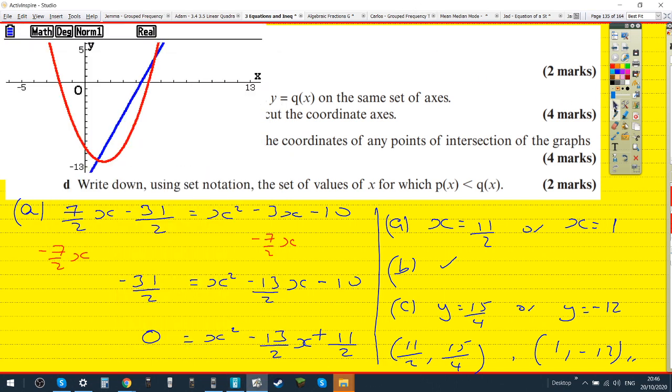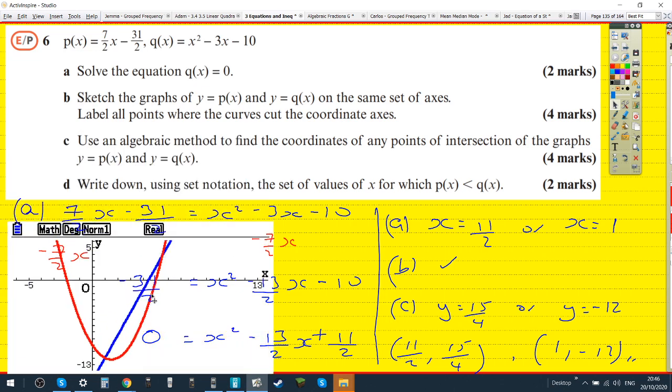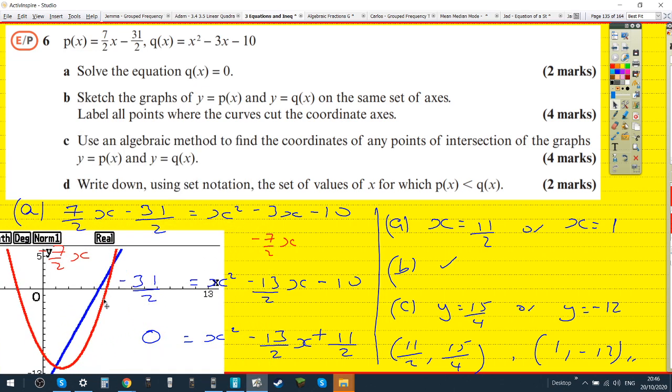Where P is the line, Q is the curve. Which one is P of x and which one's Q of x? So P of x was the line. Okay. Q of x is the curve. Where is the P of x less than the Q of x?